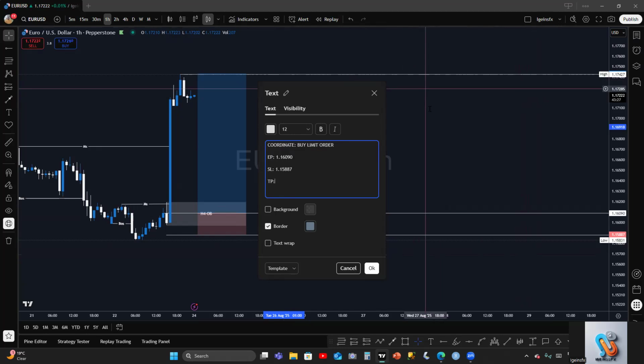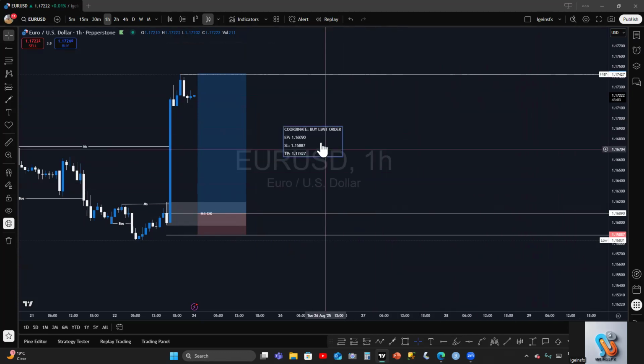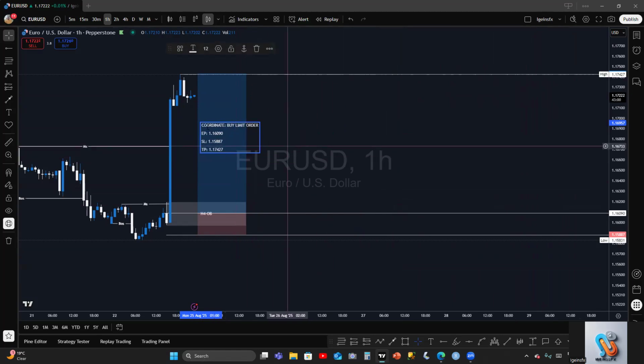Then our TP is 1.17427. So these are the coordinates for the pending order.